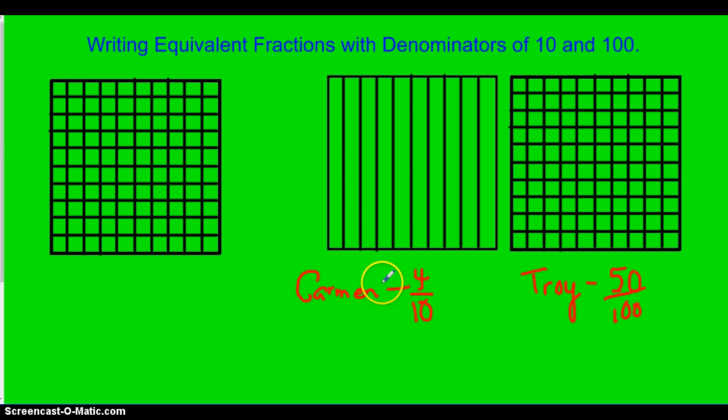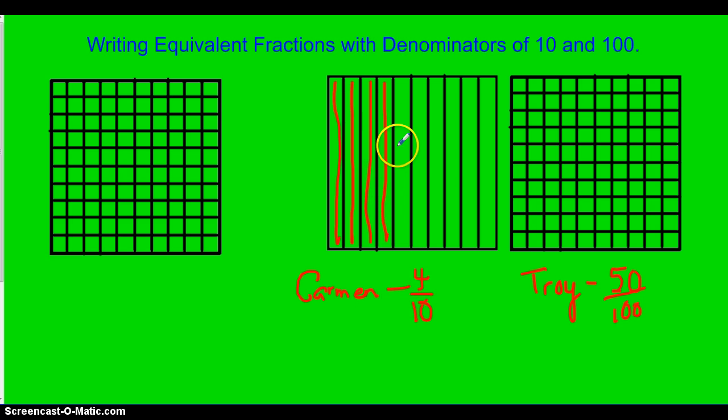So let's model. Carmen has 4 tenths, so let's put that on our tenths. So that's 1 tenth, 2 tenths, 3 tenths, 4 tenths, 5 tenths. Oop, she only had 4 tenths. I hope you got a good laugh out of that. Okay, so 4 tenths. Always double check yourself.